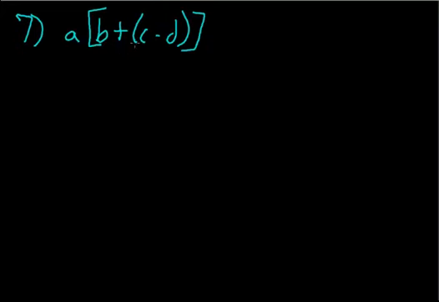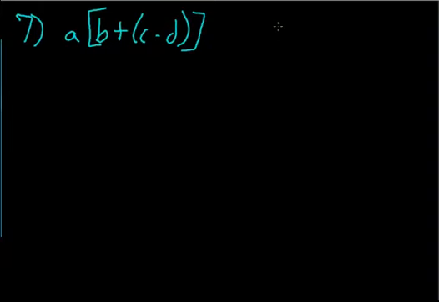And to do that, we'll be using the distributive property. So the distributive property is basically saying that the sum of two numbers times a third number, so we can pretend this is one number and this is another number, is equivalent to the sum of each of the addends times the third number.